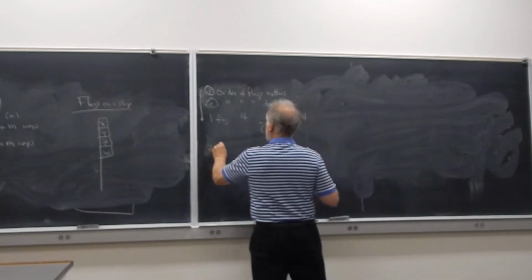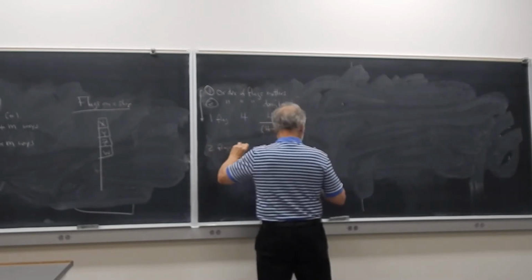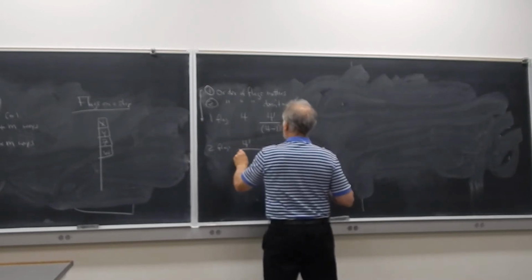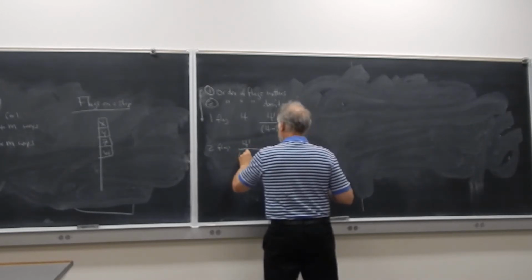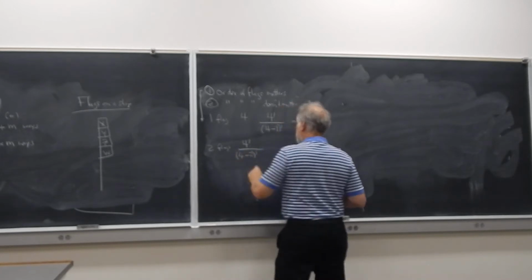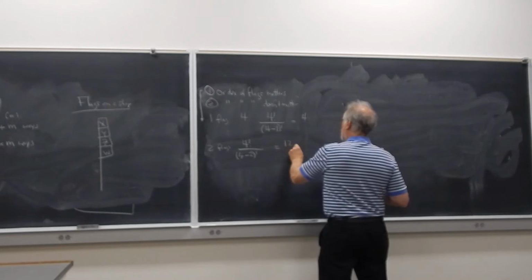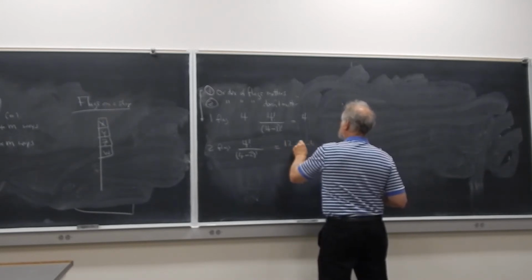If I have 2 flags, now I have 4 factorial over 4 minus 2 factorial possibilities, or I could send a total of 12 signals.